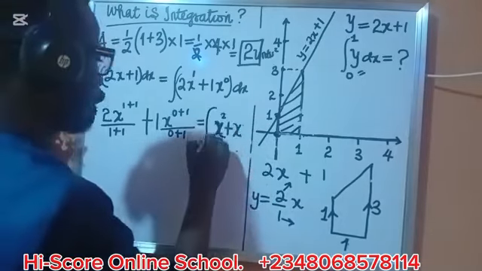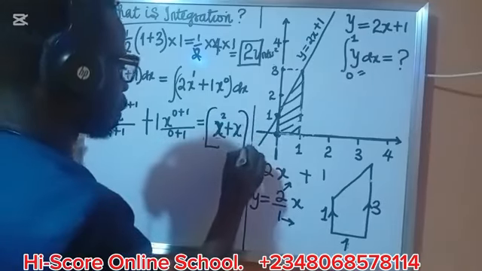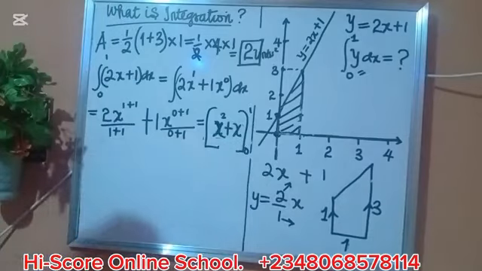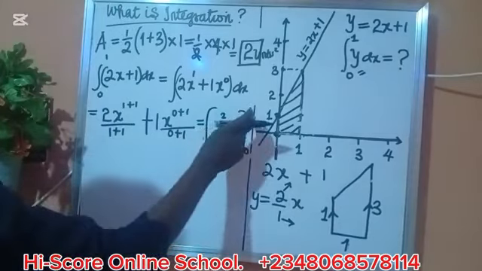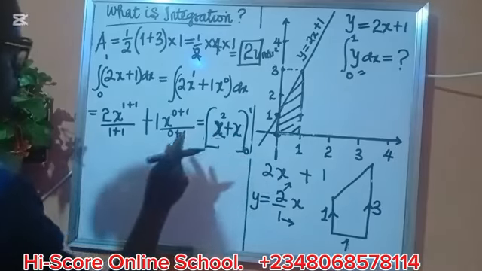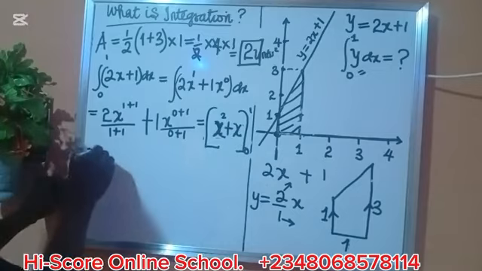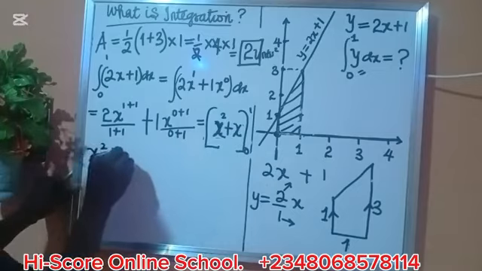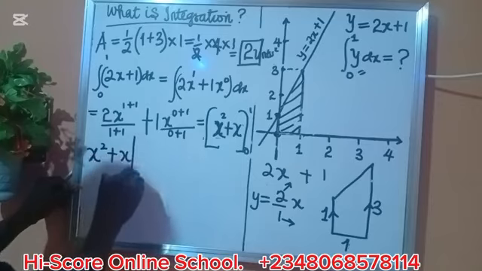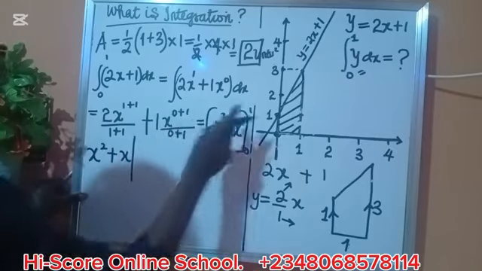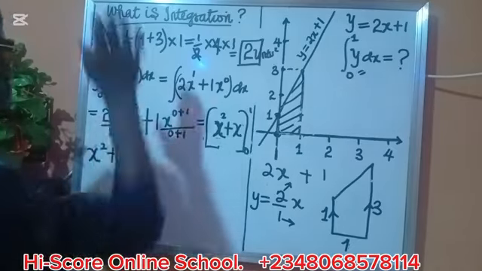Now the interval is between 0 and 1. What that means is that we are going to be putting in 1 in place of x. This will give us 1 squared plus 1 at x equal to 1, that is the upper limit.